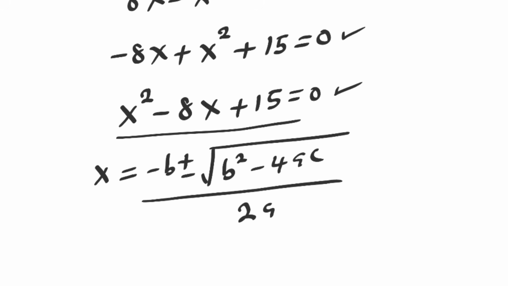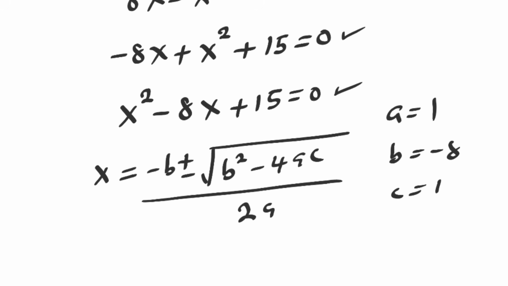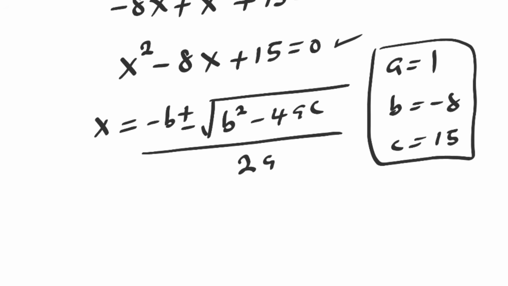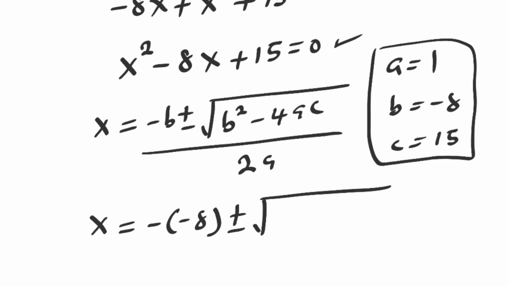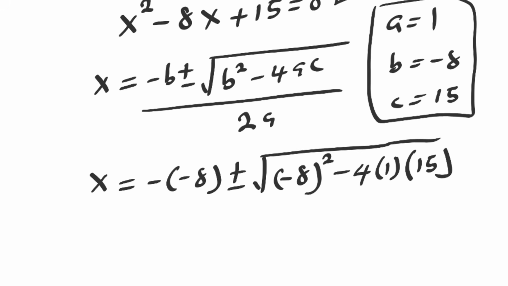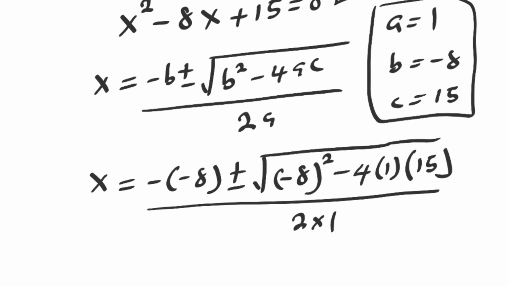And from this equation, a is equal to 1, b is equal to minus 8, c is equal to 15. x is equal to minus bracket minus 8 plus or minus square root of minus 8 square minus 4 multiplied by a is 1 multiplied by c is 15, divided by 2 multiplied by 1.